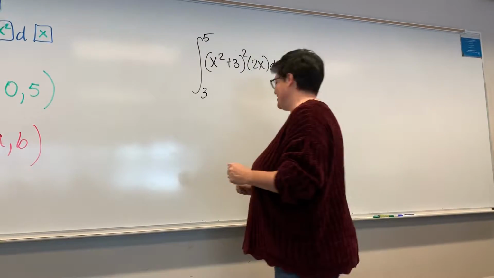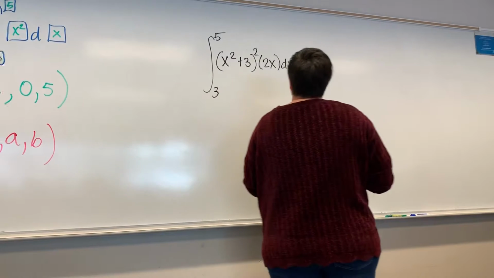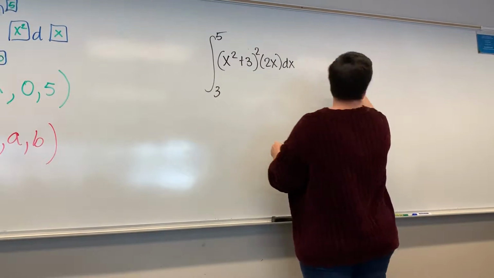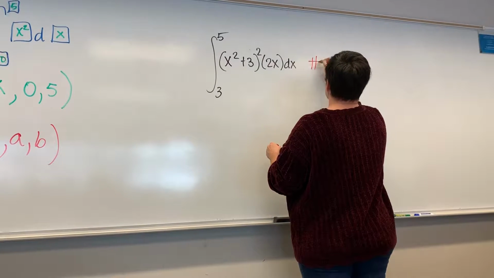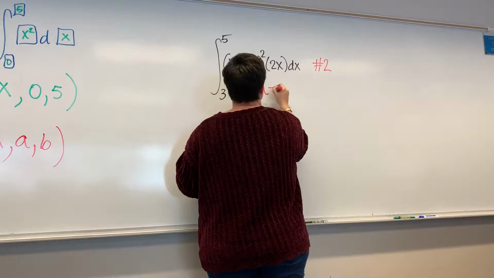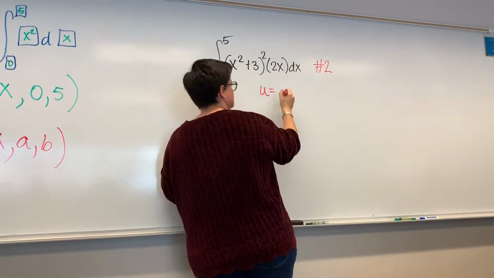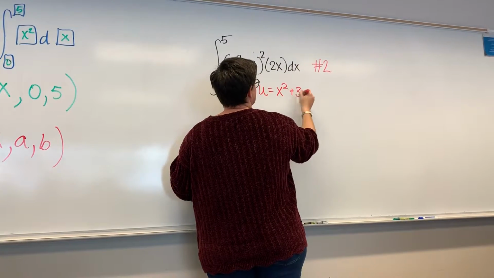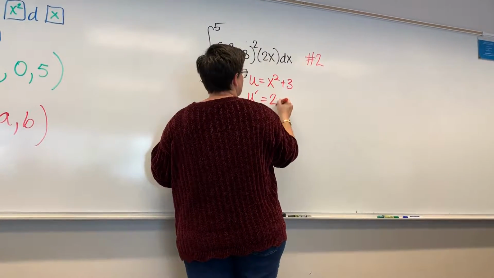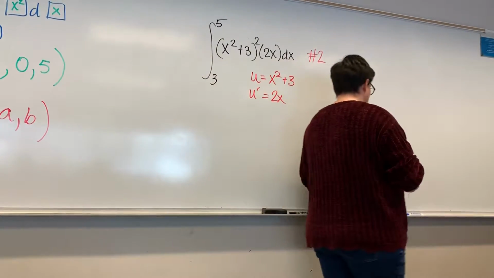It's a beautiful thing. So which integral is this? 1, 2, 3, or 4? This. 2. So what's my u? You guys are so timid. What's u prime? What do we have? What do we want?